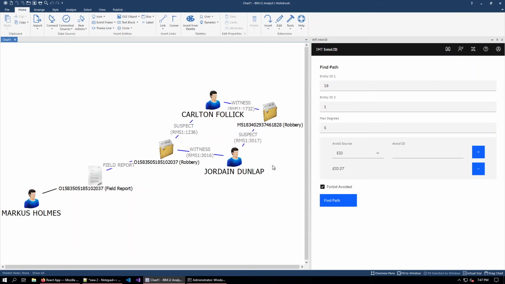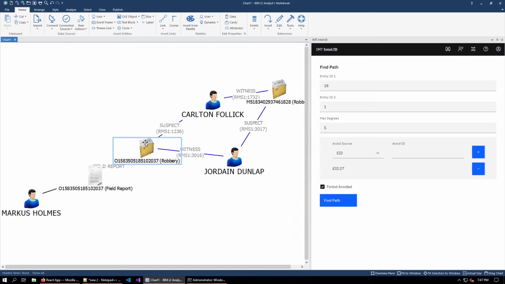Here, the analyst can see that Carlton and Jourdain have both been tied to another robbery, but with their roles reversed from the prior one. This knowledge certainly makes these two parties much more interesting.